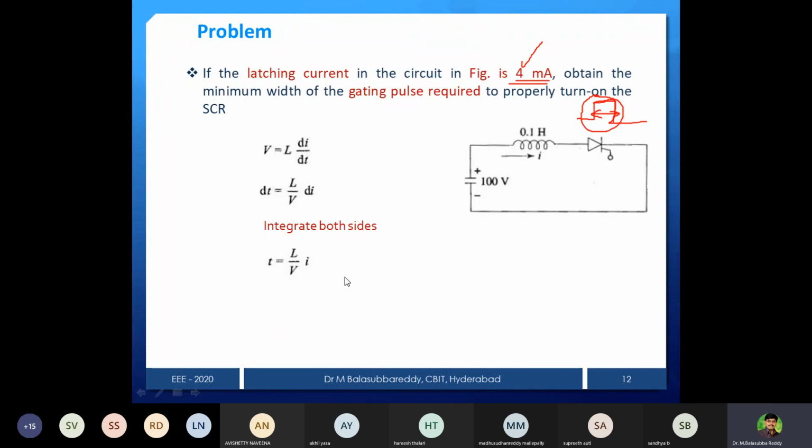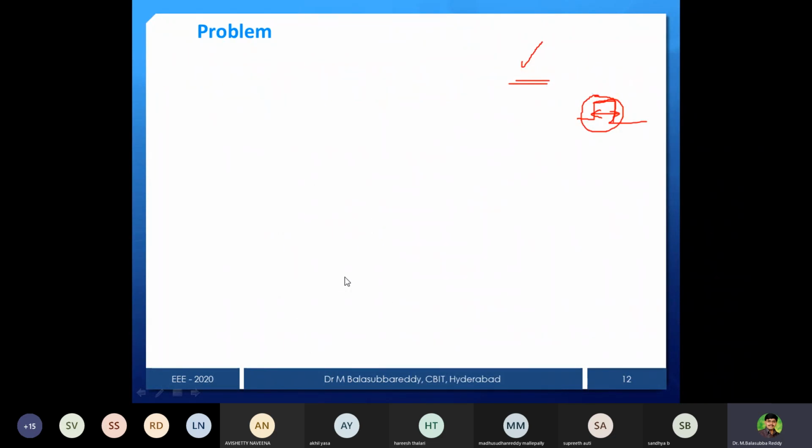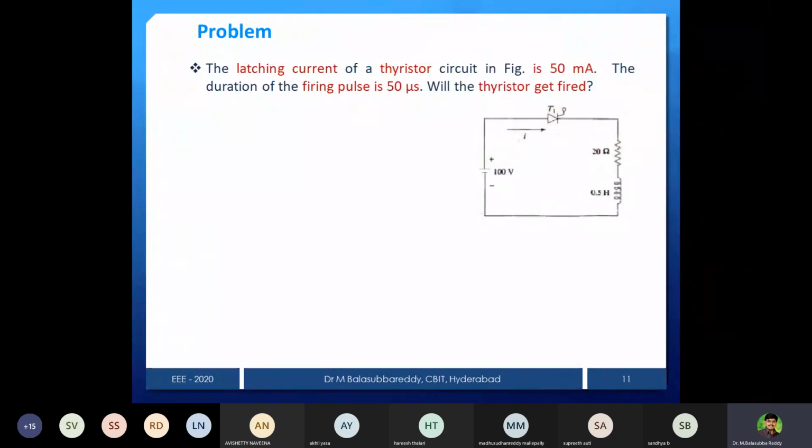Now one more problem we see here. The latching current of a thyristor is 50 milliamperes, so IL is given. The duration of the firing pulse is 50 microseconds. Will the thyristor get fired or not?